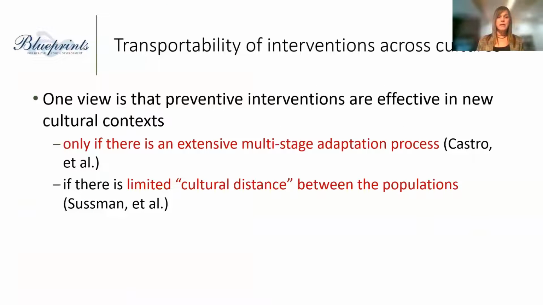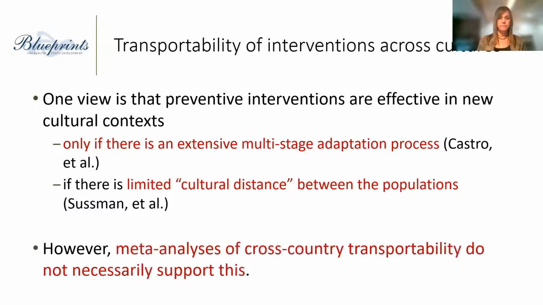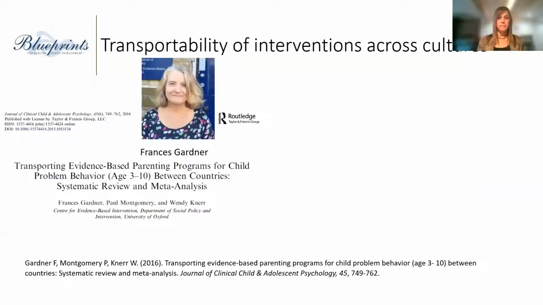One view is that preventive interventions are effective in new cultural contexts only, and I mean only, if there is an extensive multi-stage adaptation process and if there's limited, quote, cultural distance between the populations. However, there are some studies, meta-analyses of cross-country transportability, that do not necessarily support this claim.